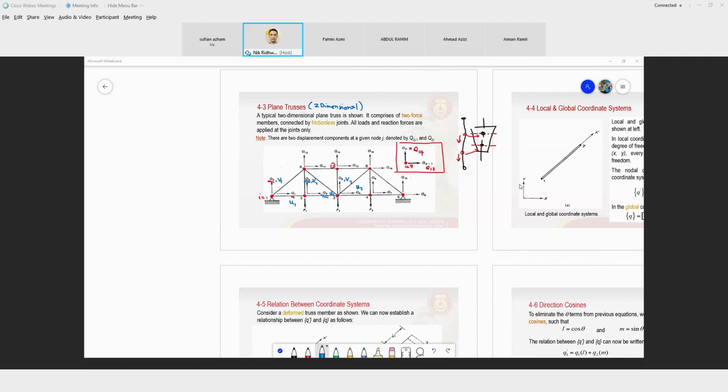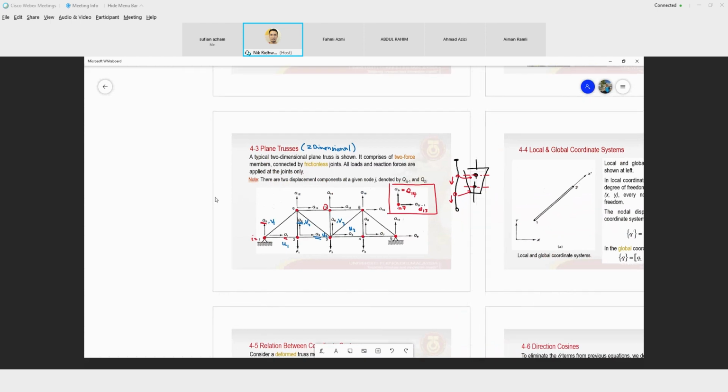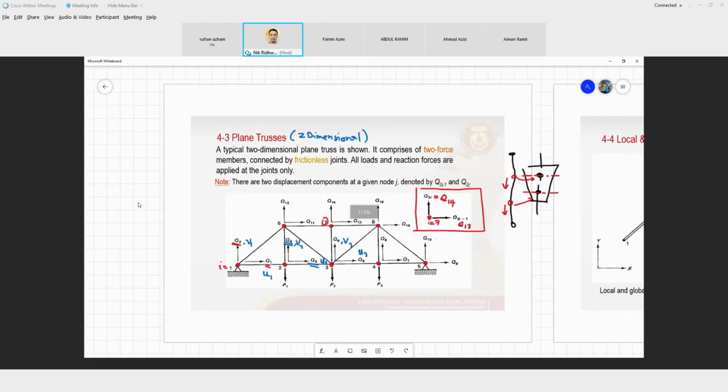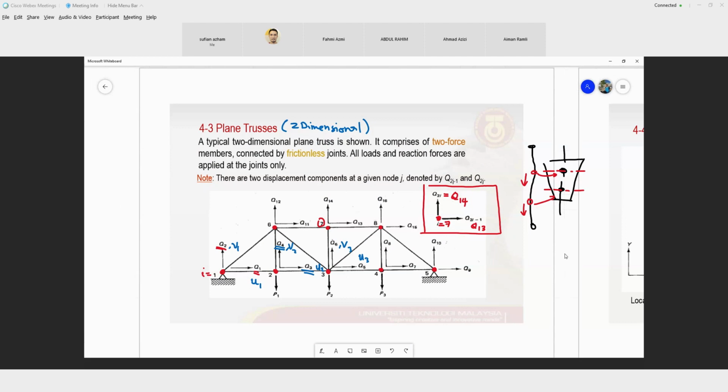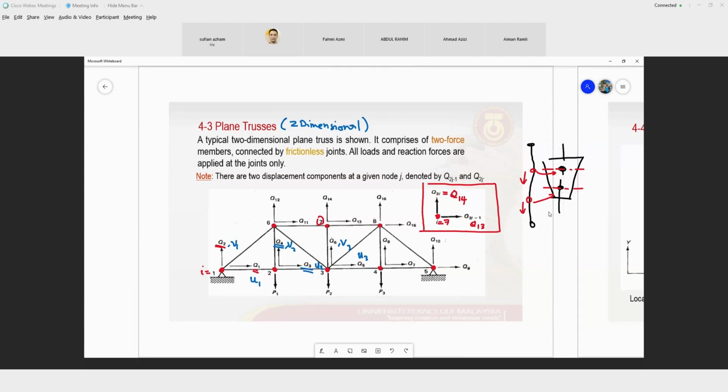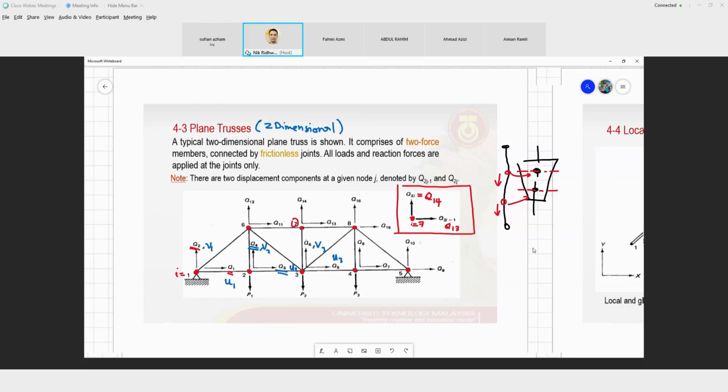Sesama sikit hari ni. Untuk sampai di stage, semua okey ke? Okay, saya assume semua okey lah. Okay. Alright.